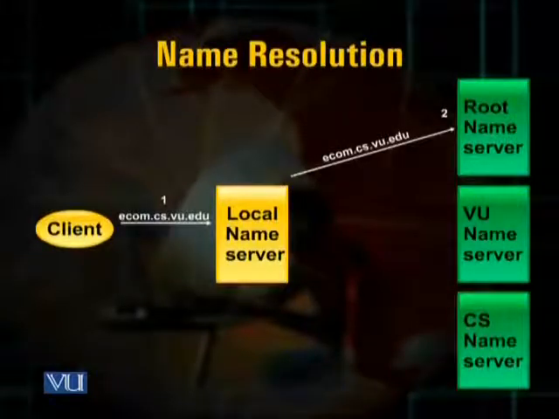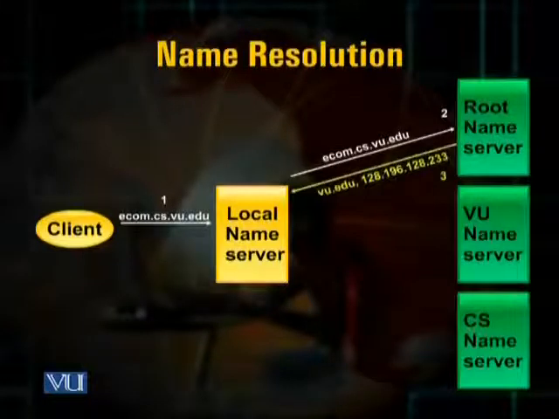The root name server then identifies this domain name and it discovers that it has no clue about ecom.cs.vu.edu. This information, the corresponding IP address against this domain name, does not exist in its table. Then it would contact the local name server and provide it the IP address of the name server which is directly below in hierarchy.